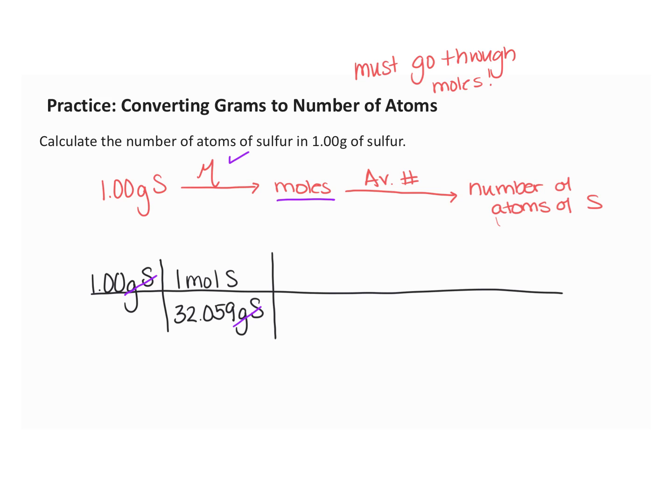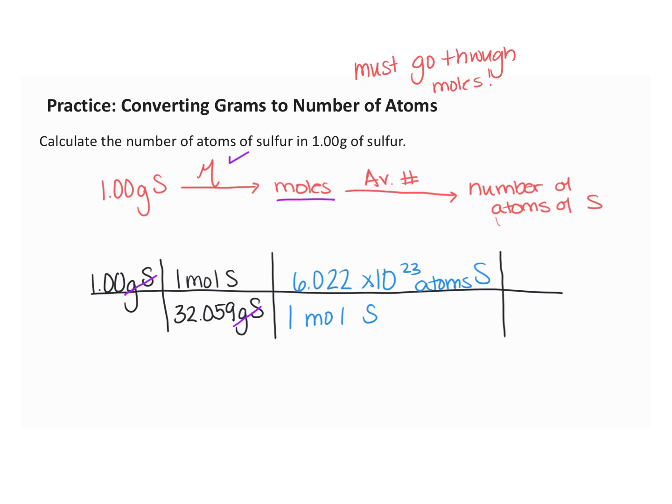The next step here is I'm going to say, okay, I need Avogadro's number. I know Avogadro's number is in 1 mole of sulfur, there's 6.022 times 10 to the 23rd atoms of sulfur, right?